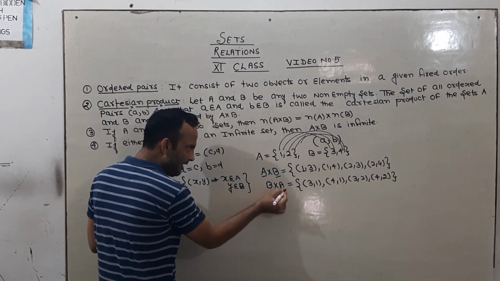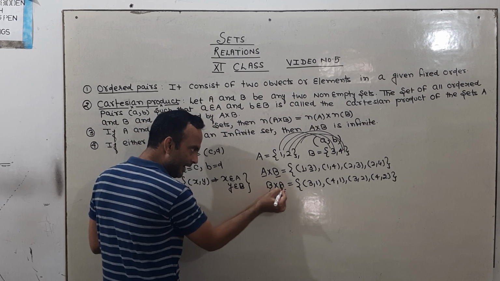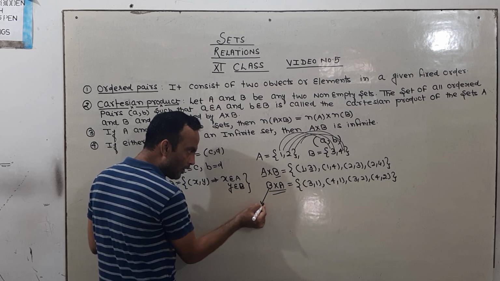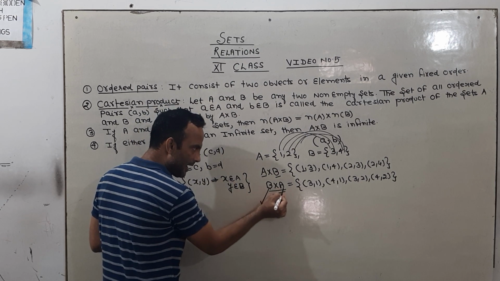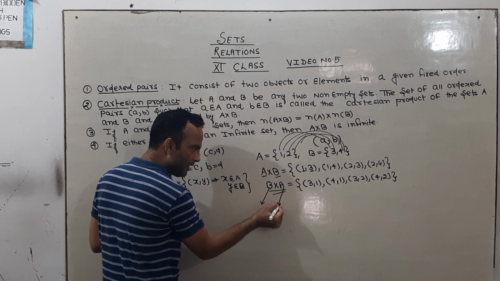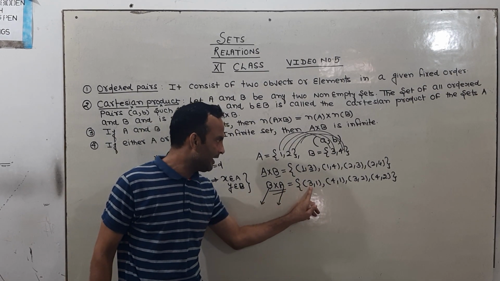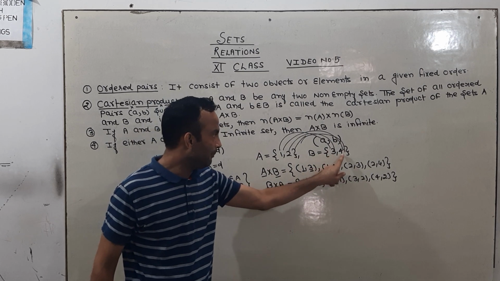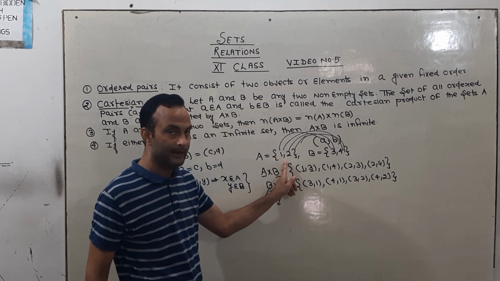Means अगर B cross A दे रखा है, means the Cartesian product between B and A, now the first element of the ordered pair must belong to the set B, and the second element of the ordered pair must belong to set A. You can see here the first elements 3, 4 belong to B, and the second elements 1 and 2 belong to set A.